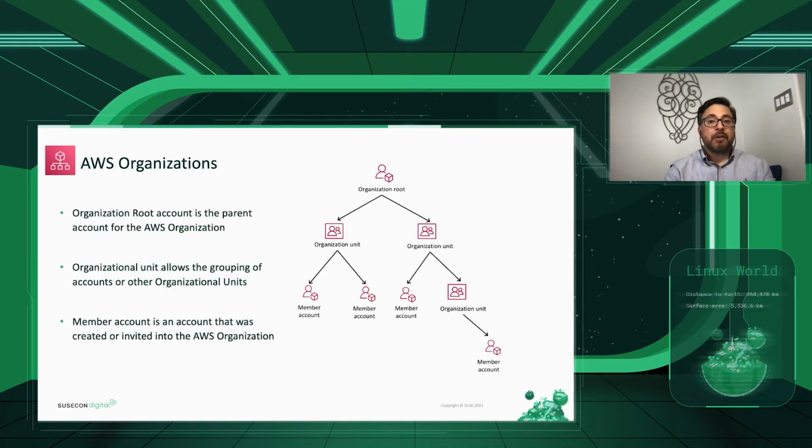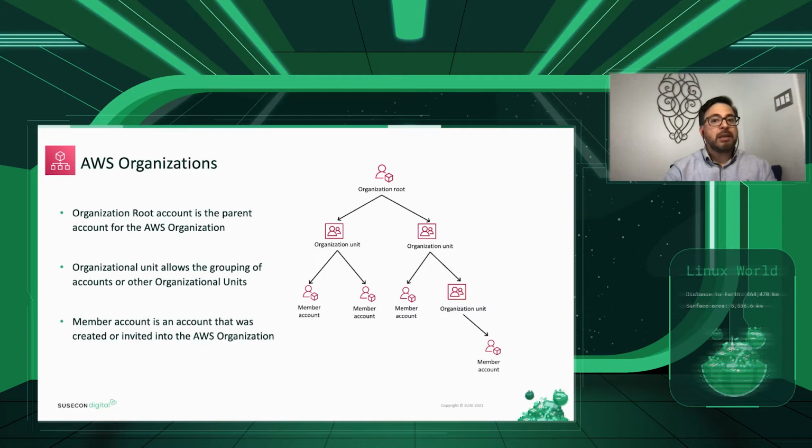At the top, you have the organizational root account. This is the parent account for all the member accounts of your organization. We have organizational units, which allow you to group accounts or other organizational units together. Now, the organizational units can represent departments within a business, such as finance or marketing.